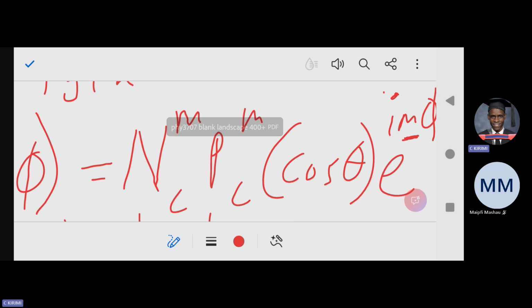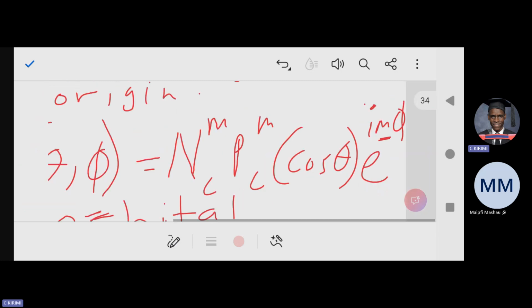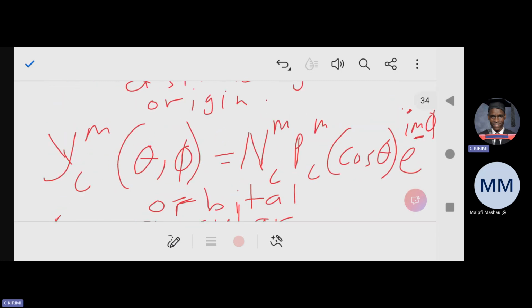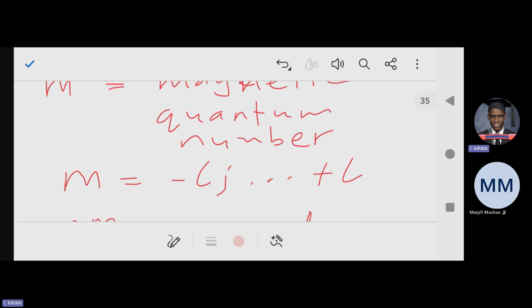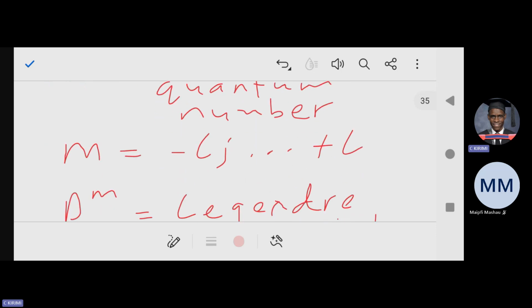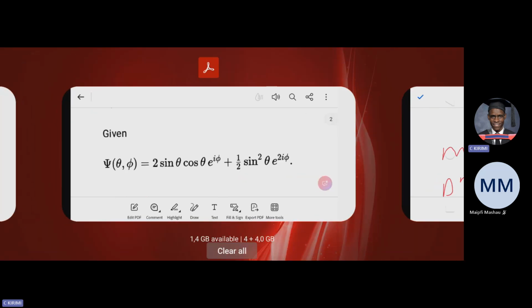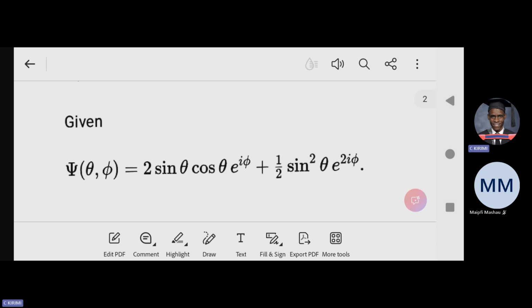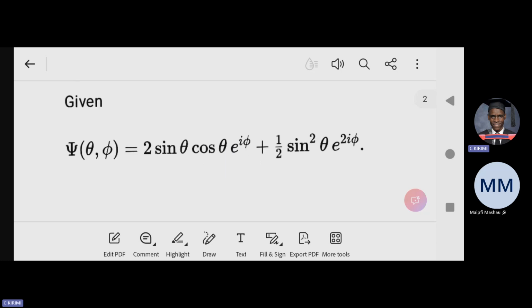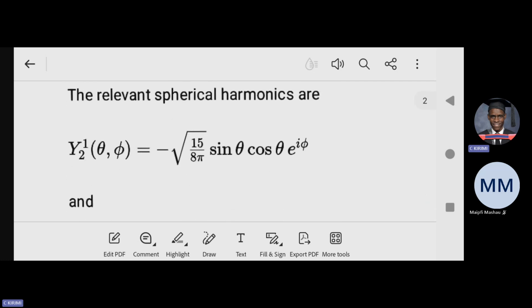So which means you already know the value of M. And if you know M, from the range which I was explaining here, M is equal to minus L up to positive L. That information you get from the equation. That 2 tells you that that is the M. Your M is the 2.